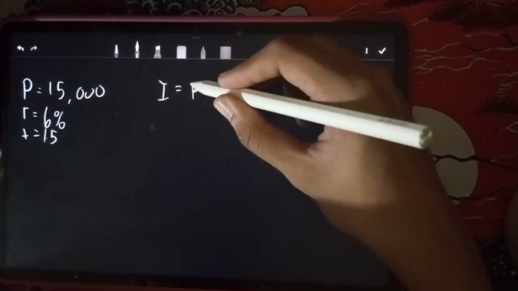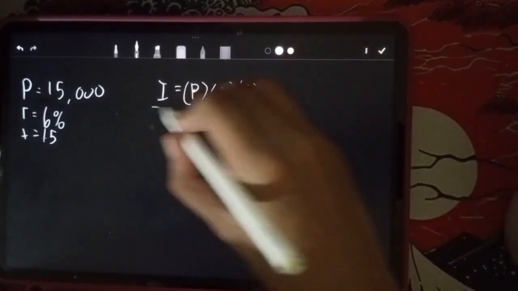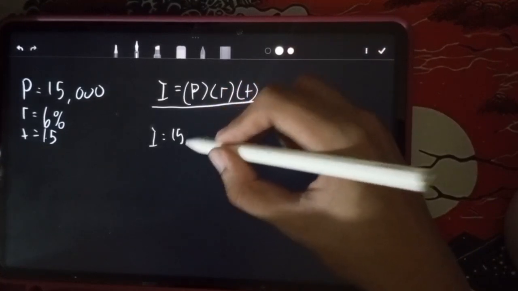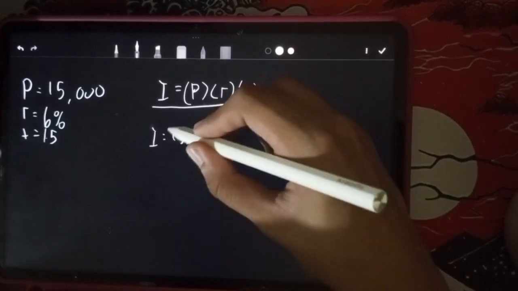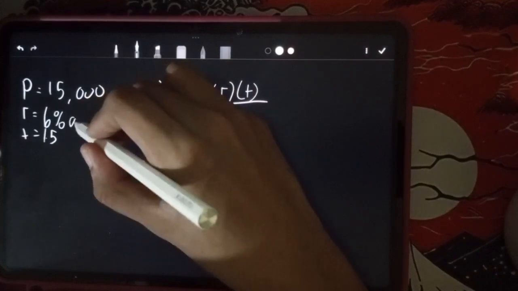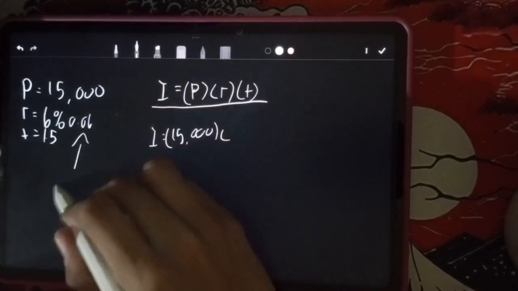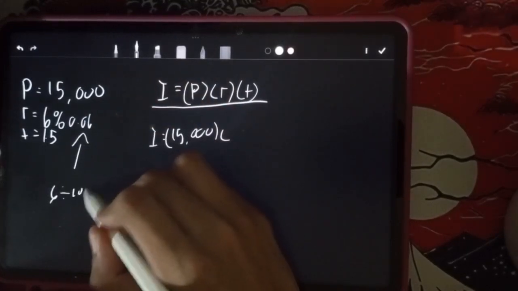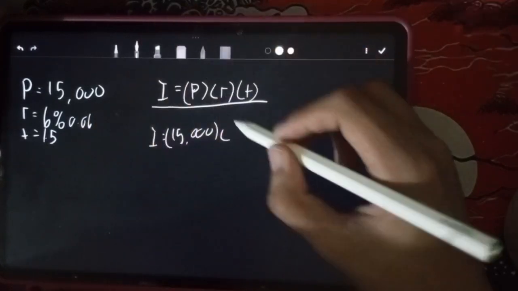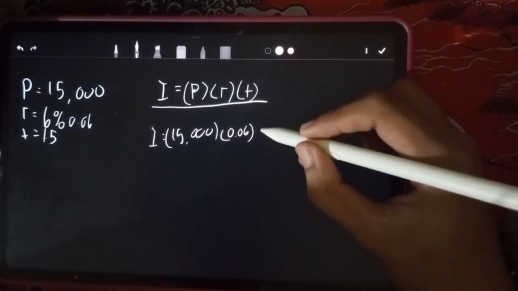Okay, to write the formula: we're looking for interest, right? So P times R times T. Let's do that. 15,000. I'm sorry, we need to make the rate a decimal, 0.06, that's 6 divided by 100. So this is 0.06 times 1.5.